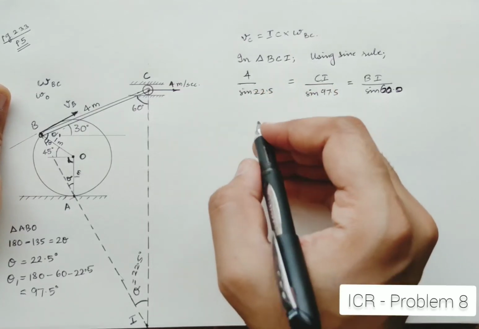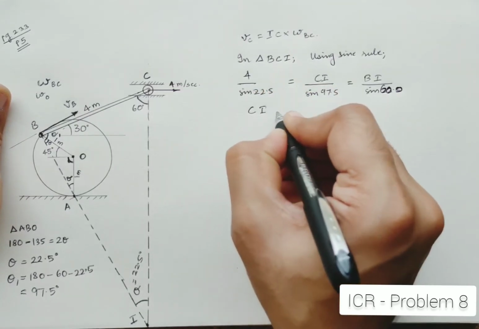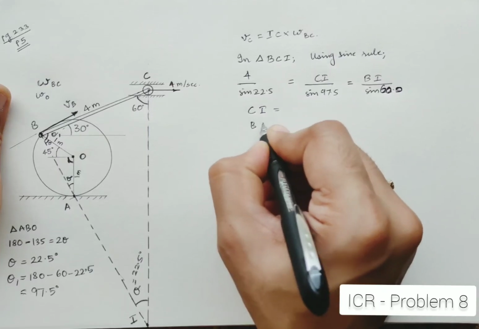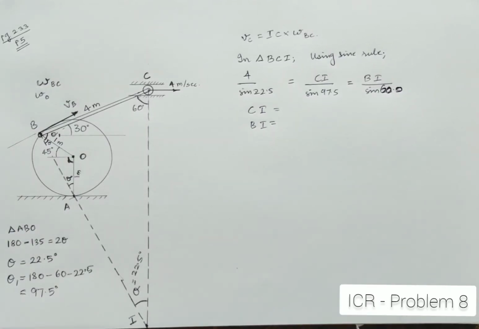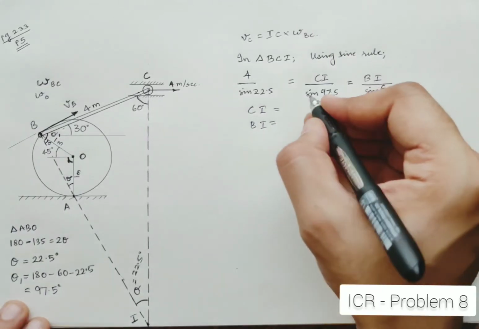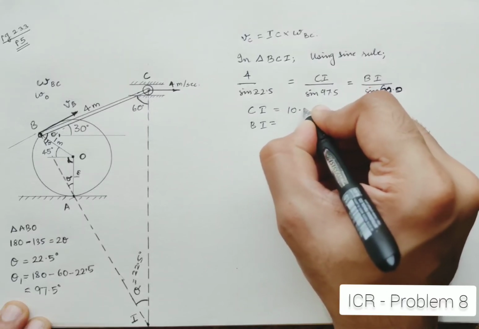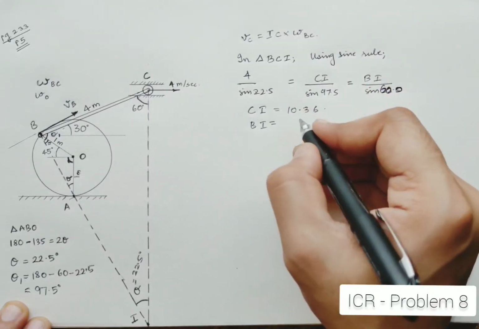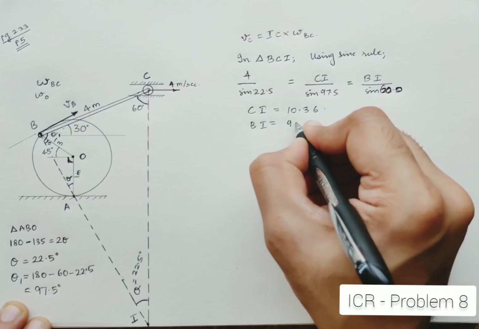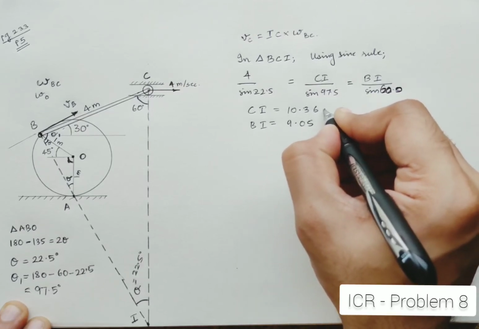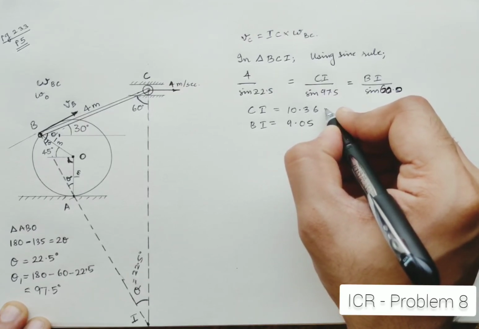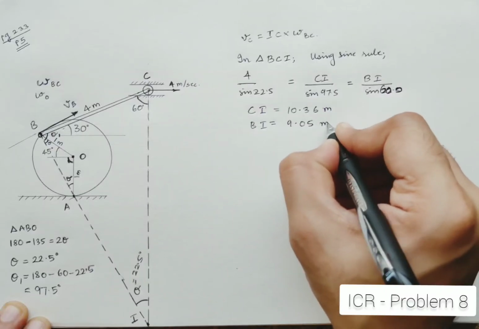So just substituting these values, you will get Ci and Bi, which are equal to, Ci comes somewhere around 10.36 and Bi comes somewhere around 9.05. This is all in meters.